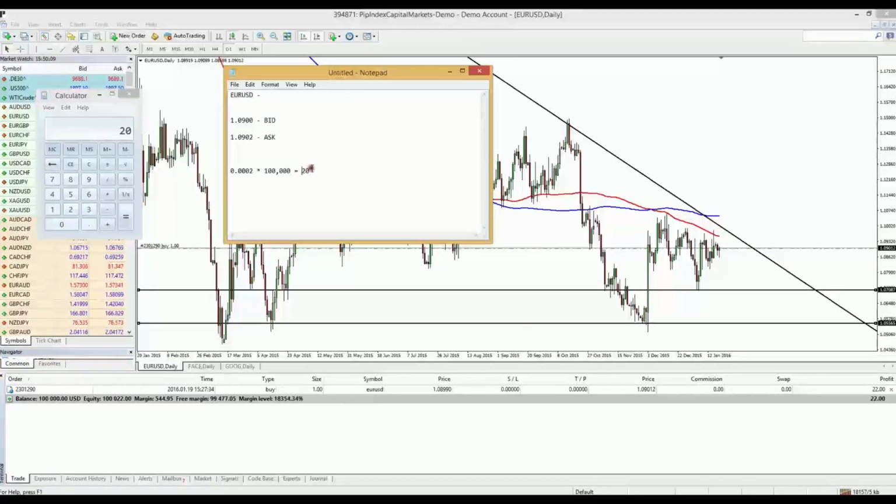Isn't that amazing, guys? So the cost of transaction of this trade was $20. Everybody see that? Now, to be perfectly fair, in order for you to actually trade that amount, there are two cases: you're with a 10k account risking about 50%, or you are using a 100k account risking about 3% to 5%.